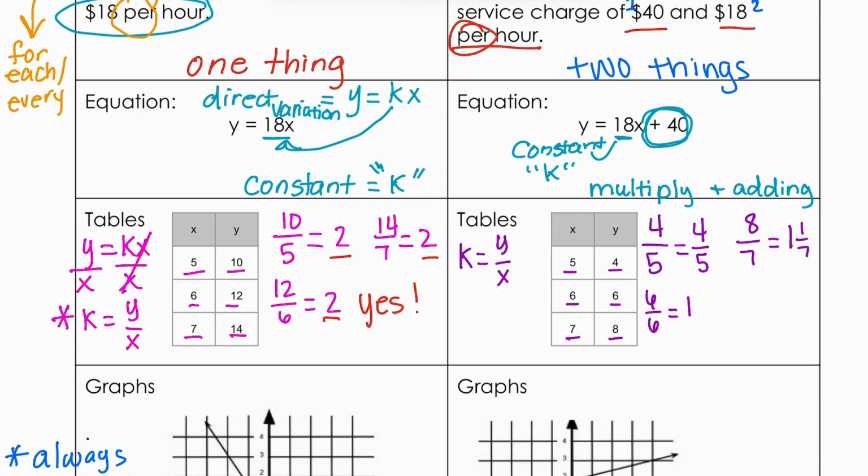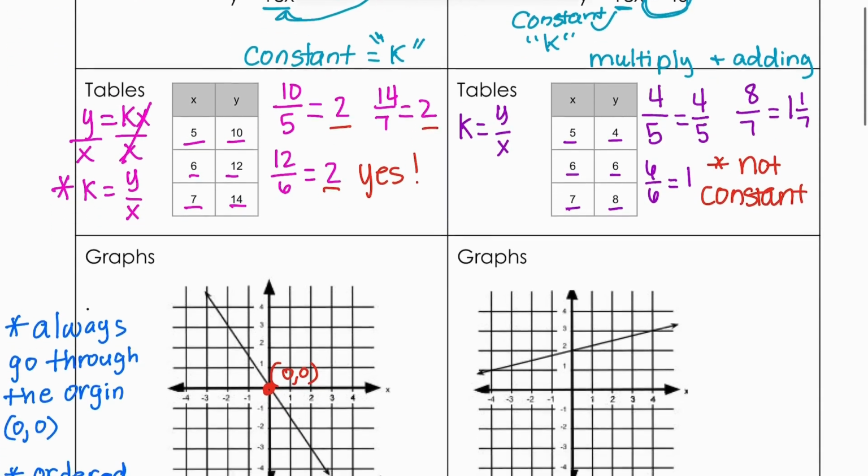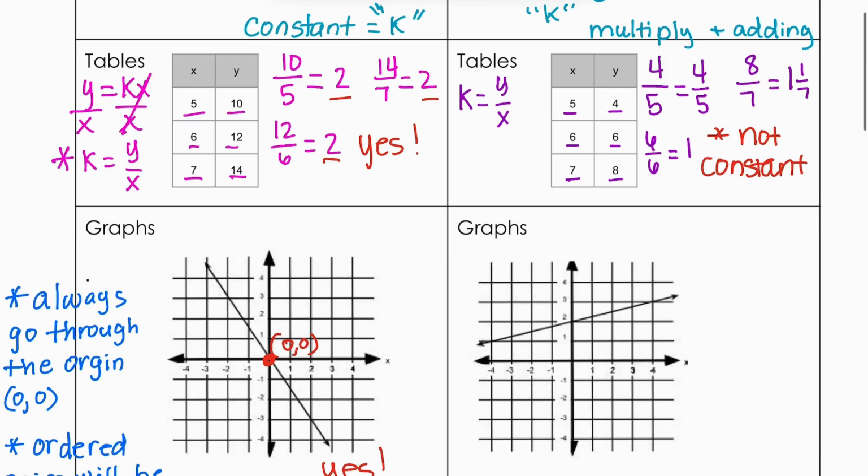Are these k values the same? No, they are not. So this is not constant, and it does not show proportionality. And in graphs, remember, the line is always going to go through the origin.